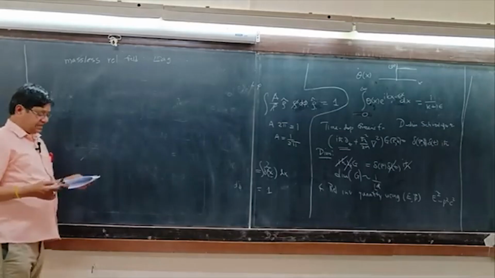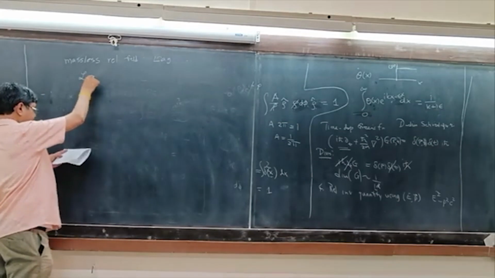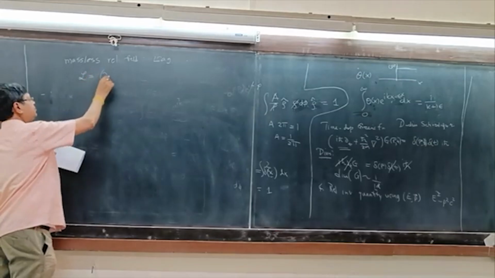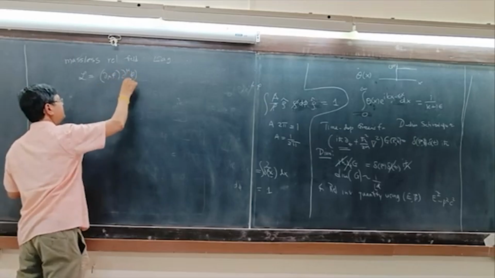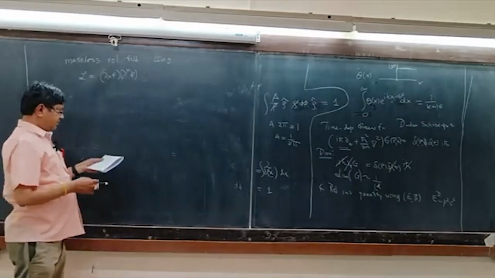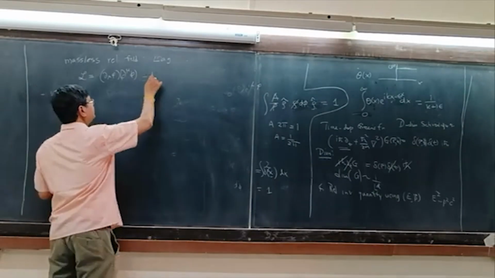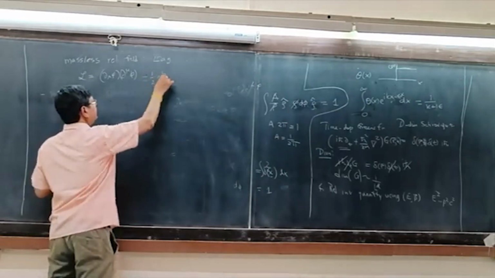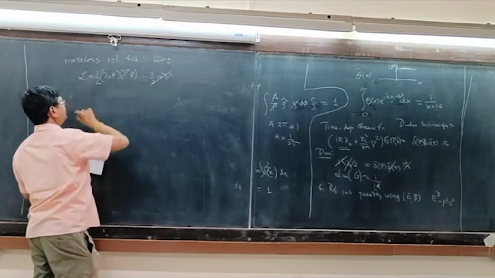For a real field, the Lagrangian density is the derivative of phi, del mu phi squared. Massless means there's a term, m squared phi squared, which goes away.